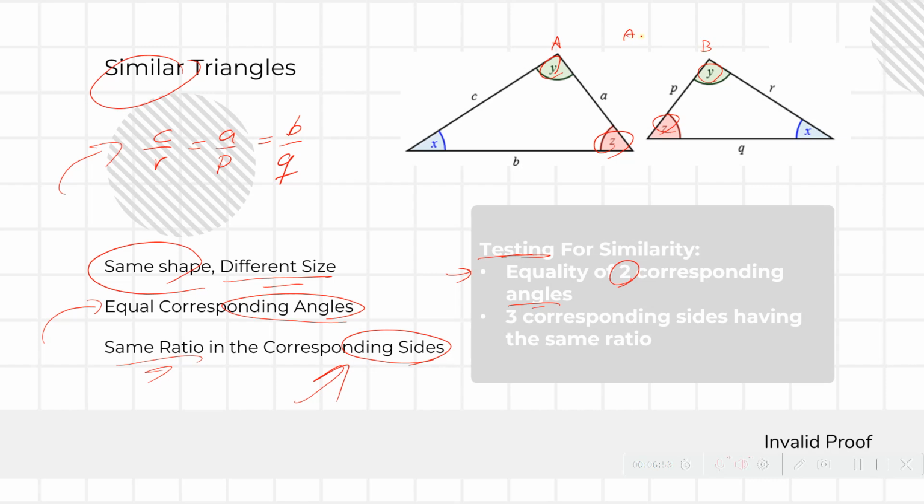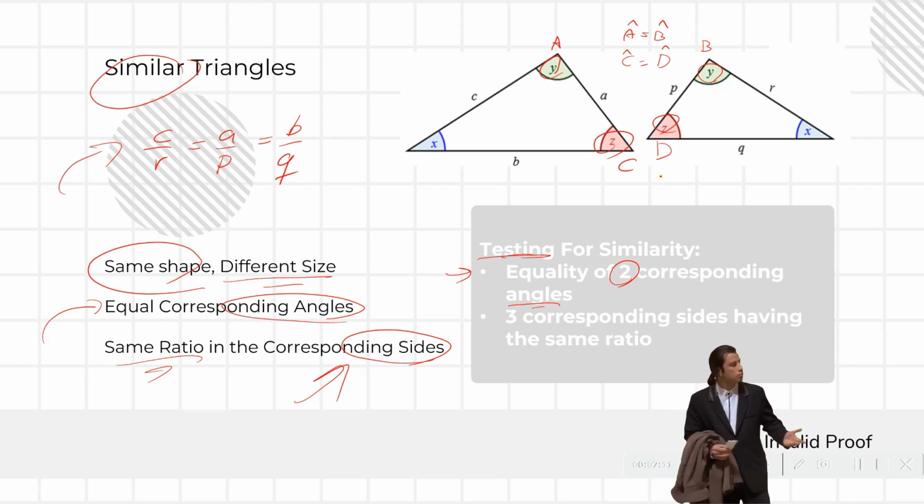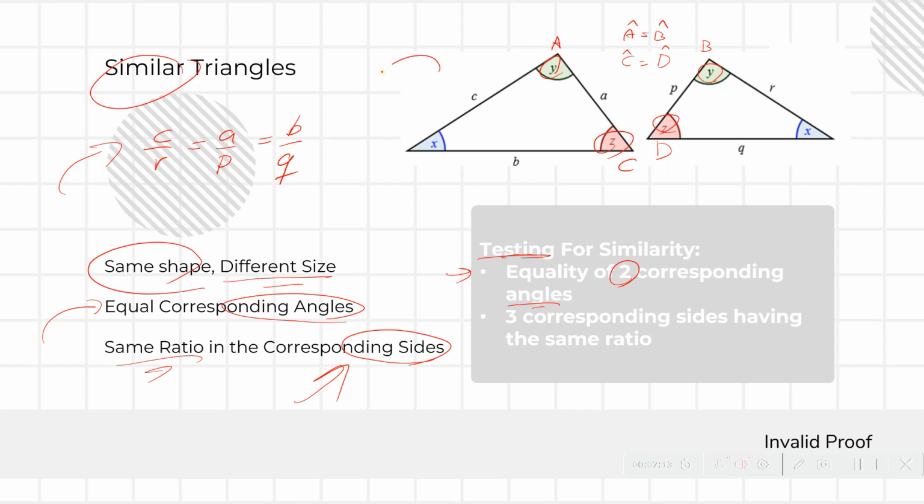We just know that this A equals this B, and let's say this is C and this is D. C equals D. This is enough for us to deduce that these two triangles are similar, and it results in this equality. If we know that two corresponding angles are the same, we can use this ratio to calculate whatever we want. So this is one way.